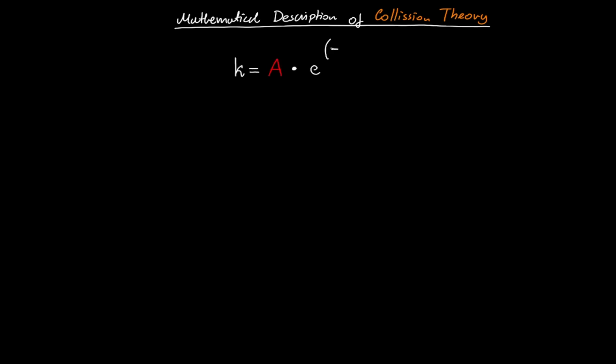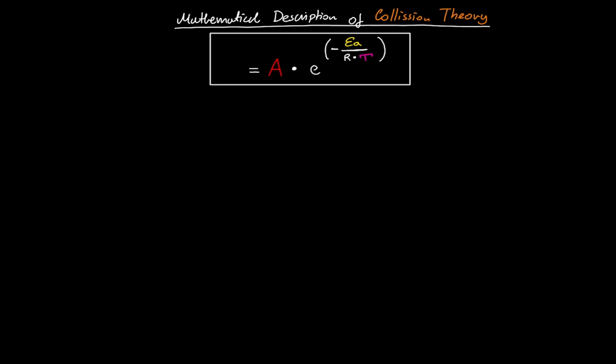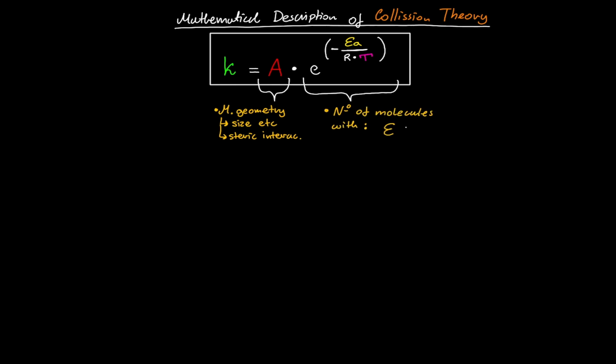Okay, so the k, the rate constant, is basically a mathematical description of the collision theory that we have already talked about, yes? k equals A multiplied by e to the power of minus Ea over RT, yeah? And there are two parts to this formula. The first part is the A part. The A part applies to the geometry of the molecules, and the second part applies to the number of molecules with energy greater than the activation energy.